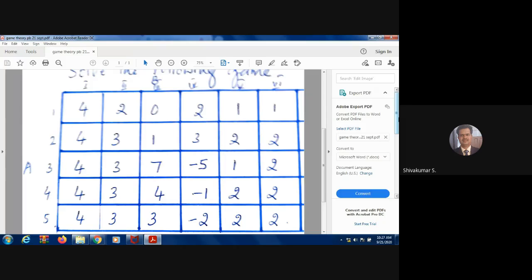The values are 1, 3, 2, 7, minus 5, 1, 4, minus 1, 2. Okay, no? Now, once again, check out the rows or columns which are going to dominate now.